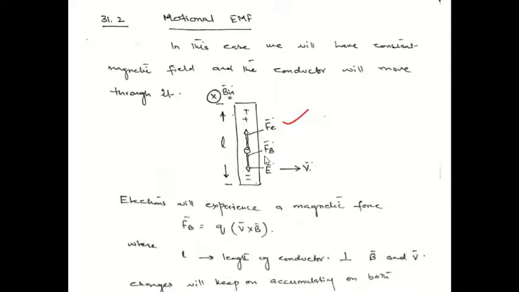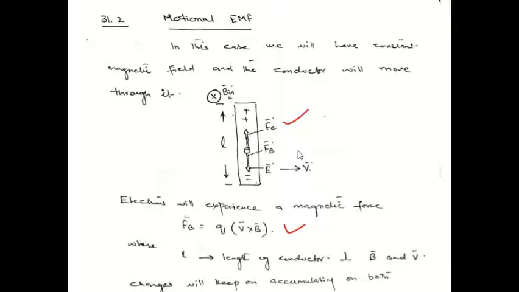This magnetic force is given by F_B equals q v cross B. The length of the conductor is perpendicular to both the magnetic field and the velocity with which the conductor is moving.